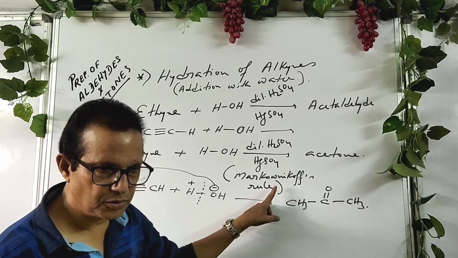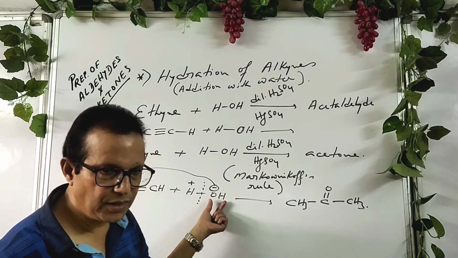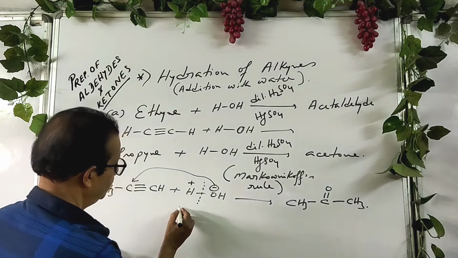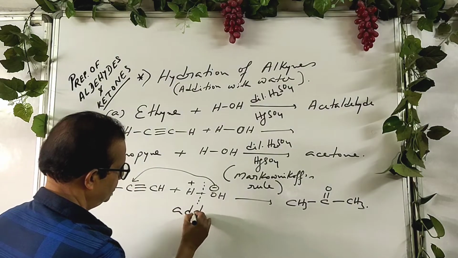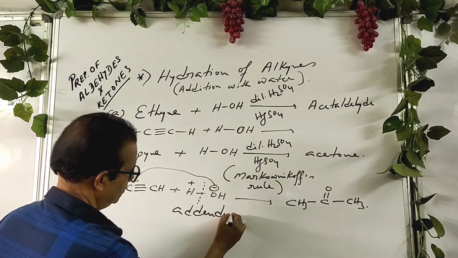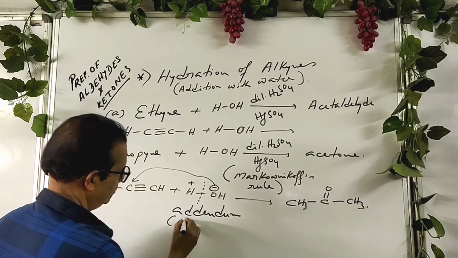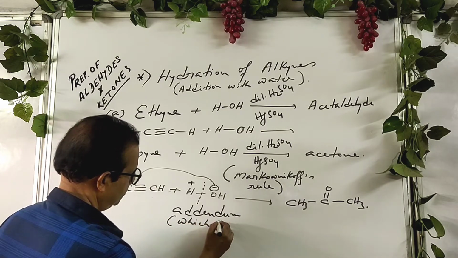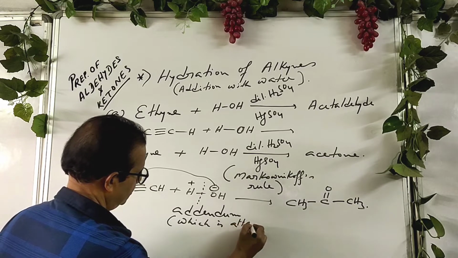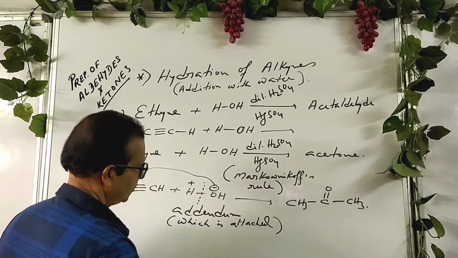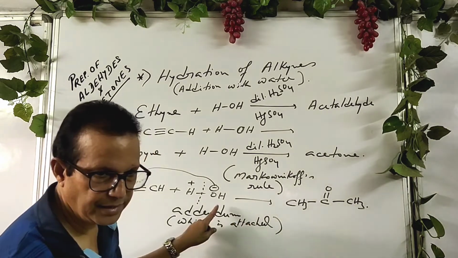According to Markovnikov's rule, the negative part of the addendum, which is attached, called addendum.